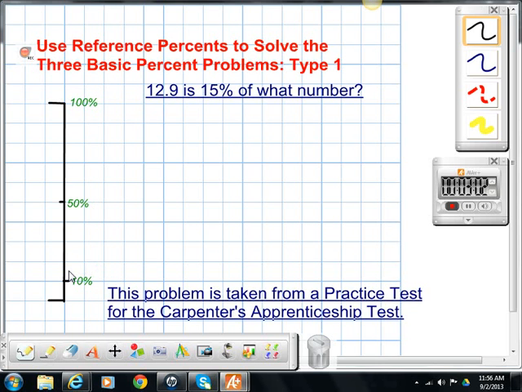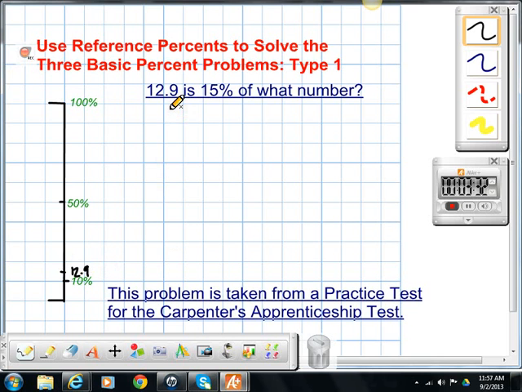It'll be sitting slightly in the middle between 10 and 20%. So I'm going to try to draw a little tick, and I'm going to say that that's where the 12.9 is. It's at 15% of the number.